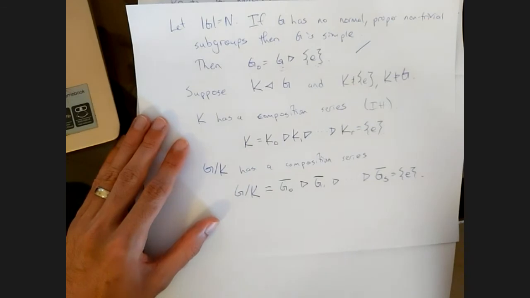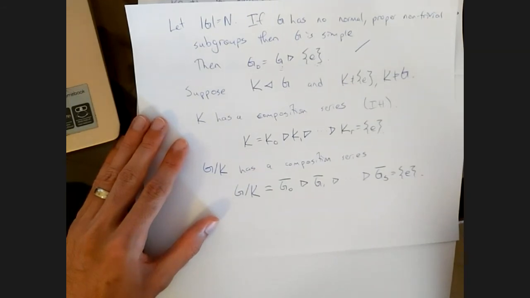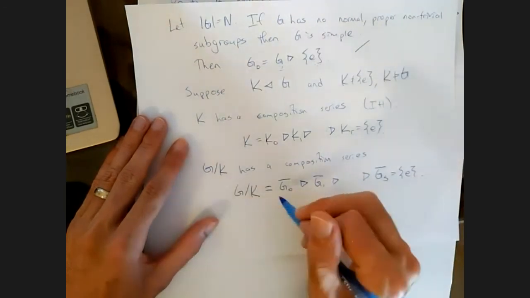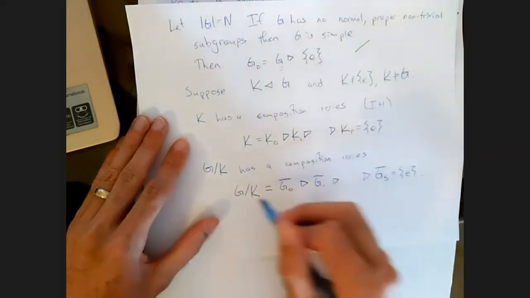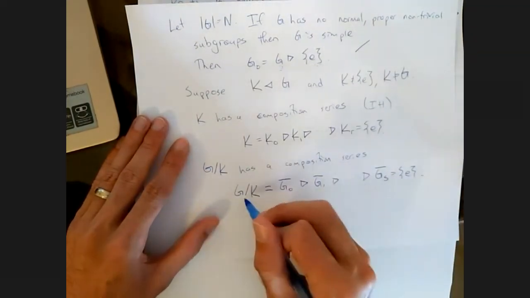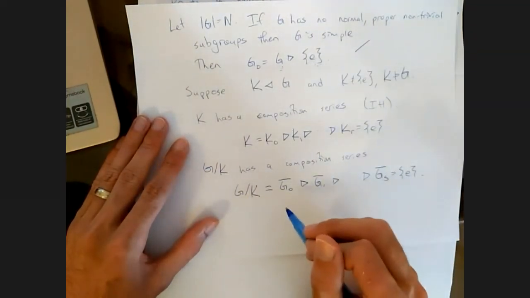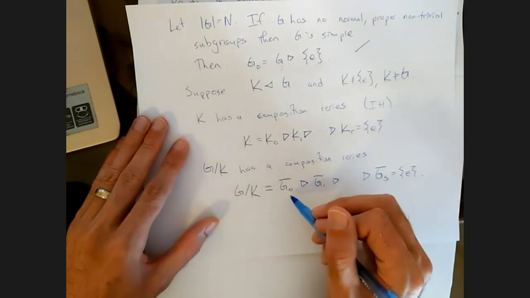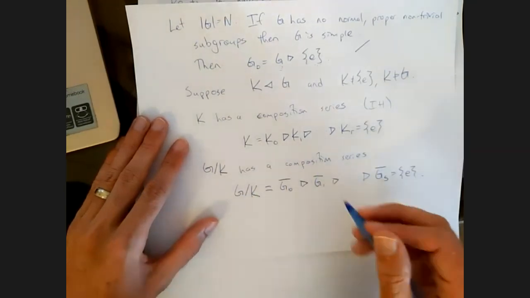Now we take each of these terms in the composition series. These are all subgroups of G mod K, so they correspond to subgroups of G which contain K.